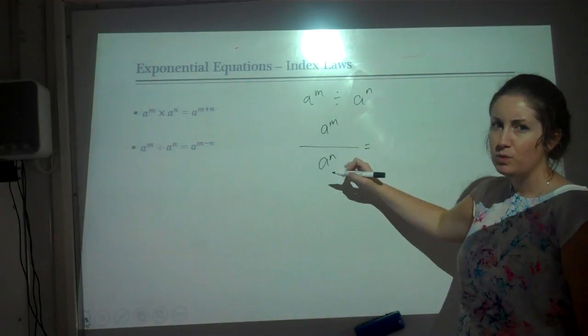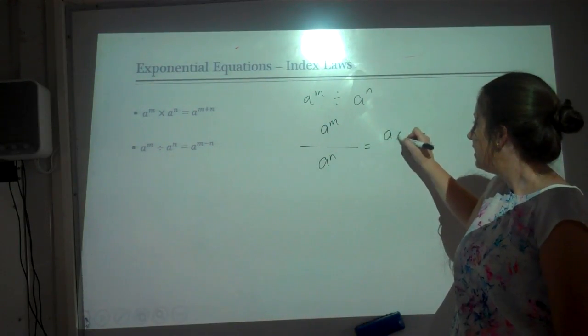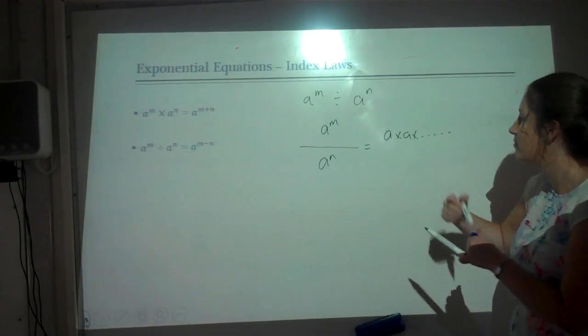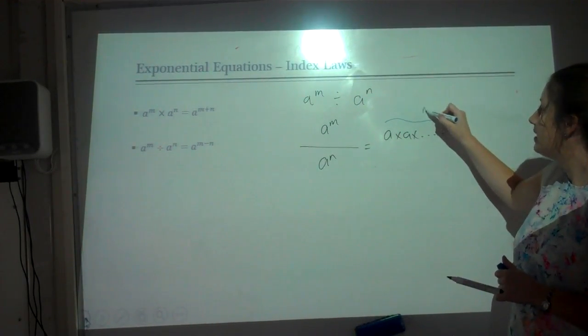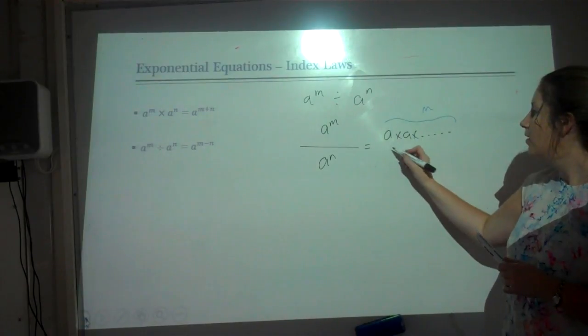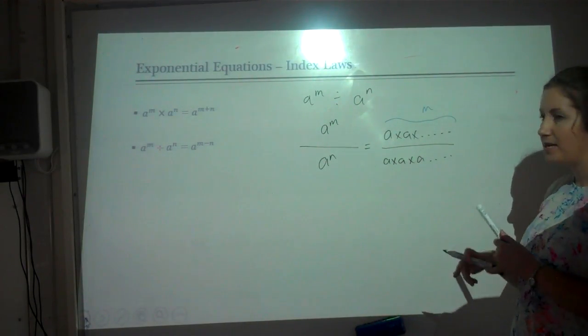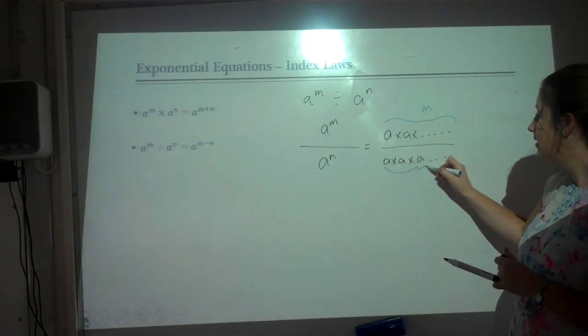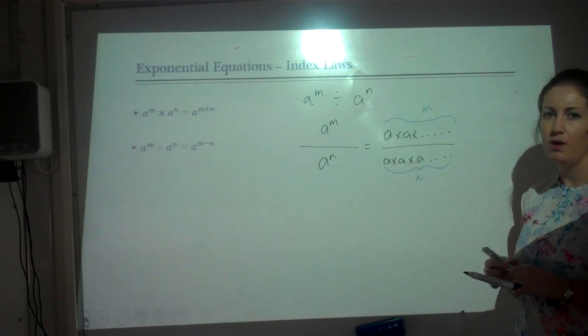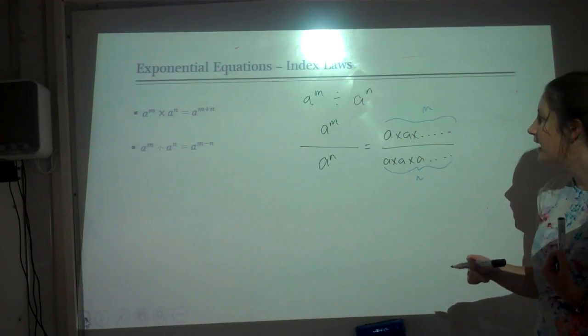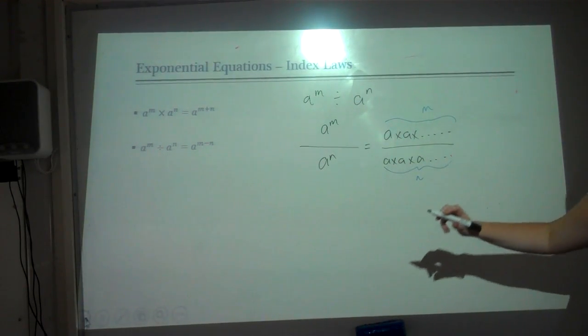I can write this out as well: a to the power of m, I've got m of them there, however many times that is. Over in the denominator, a times a, however many times, n number of times. What I do then is I start trying to cancel things out. Let's stop and look at a specific example.